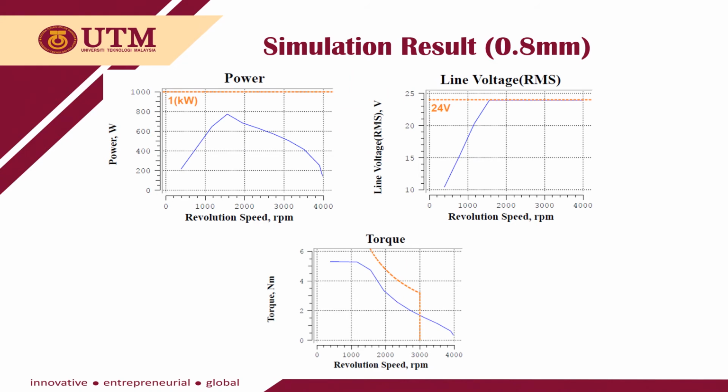For 0.8 mm coil thickness simulation result, the highest power it can produce is 750 watt, and 24 volt is reachable at 1600 rpm. The torque produced here is 5.5 Newton per meter, and it also decreases when the speed increases.